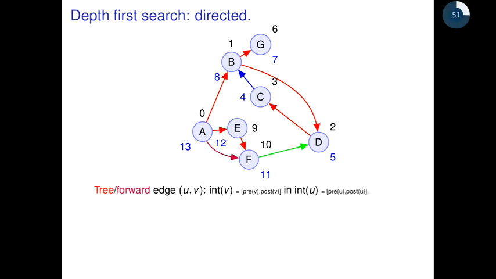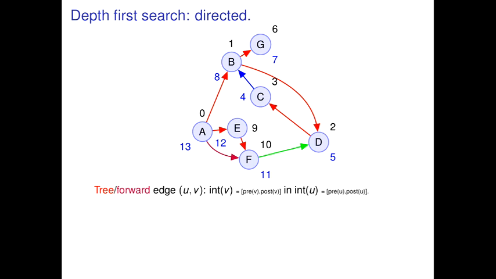We have these notions. We have these tree edges, which are colored in red, and this other color, I think it's purple. And the key to them is this interval. Think about it yourself. Is U in V's interval or is V in U's interval? If it's a tree edge, V's interval is inside of U's interval.